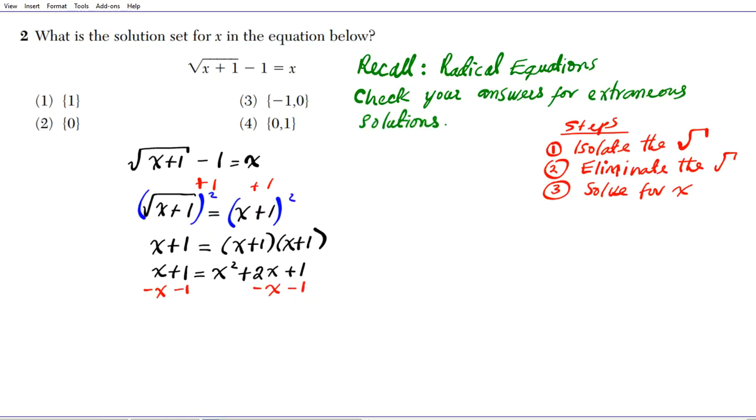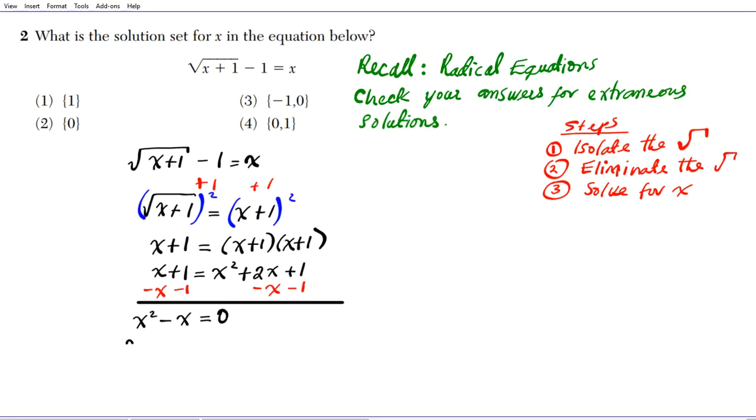I'm going to switch the equation around. So that's going to give us x squared plus 2x minus x is just minus x, plus 1 minus 1 is 0. So that's gone. And then on the left side, this whole thing adds up to 0. Now, how do we solve an equation like this?